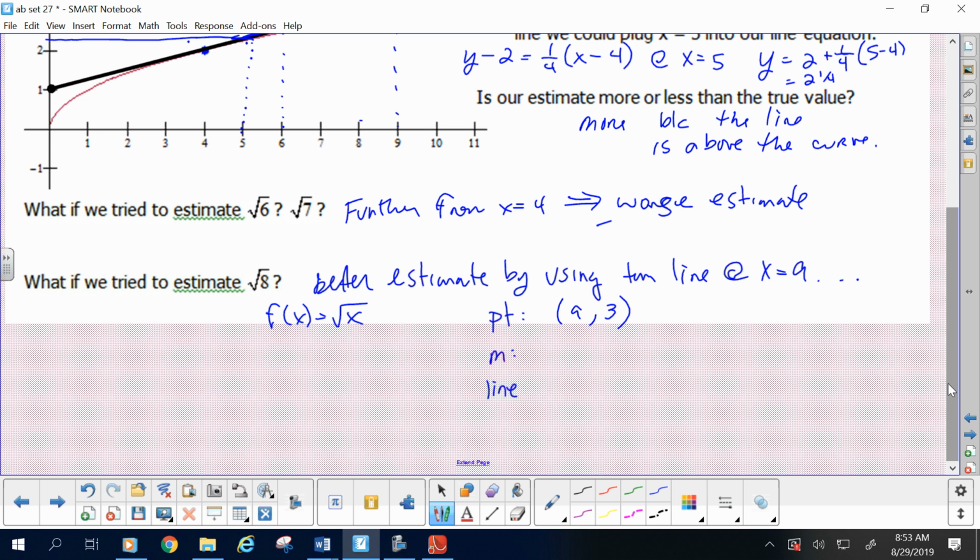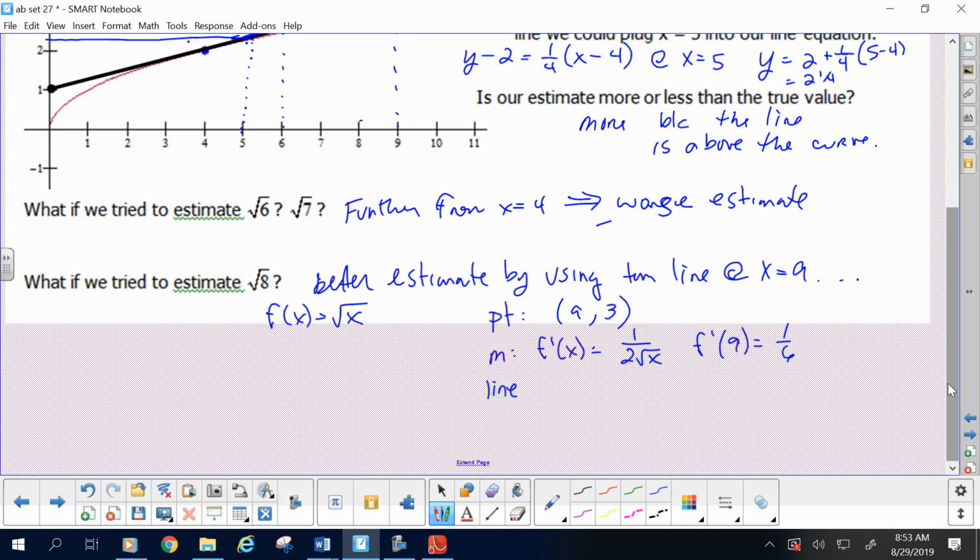Okay? Now we already know the derivative is 1 over 2 root x. So that's f prime at all x's. So I don't need to redo that, but I do need to recalculate what's the slope at 9, because it's certainly different than where it was at 4. So what's the derivative at 9? 1/6.